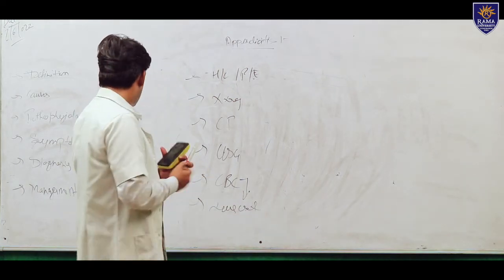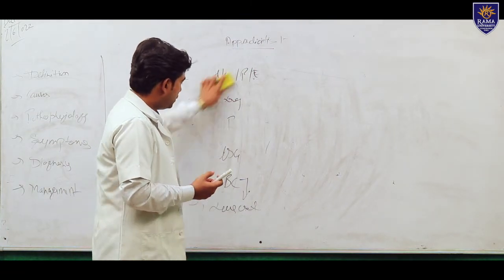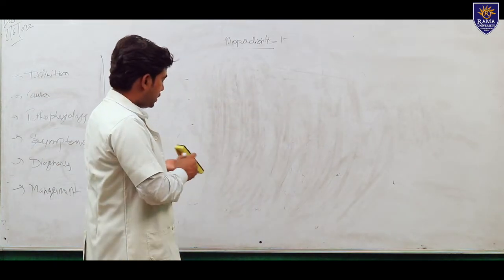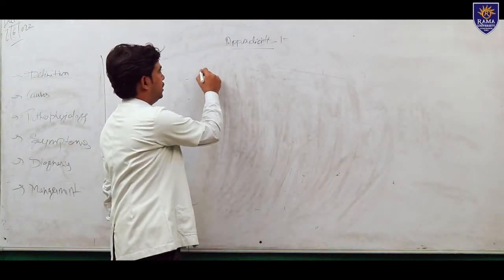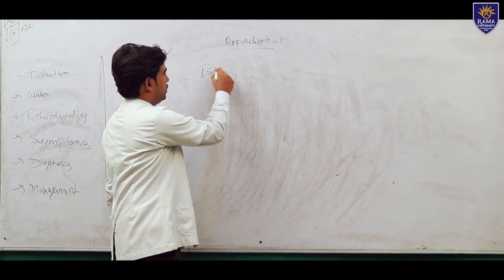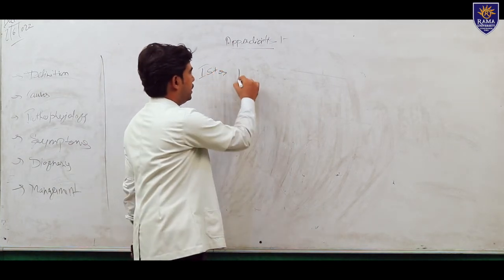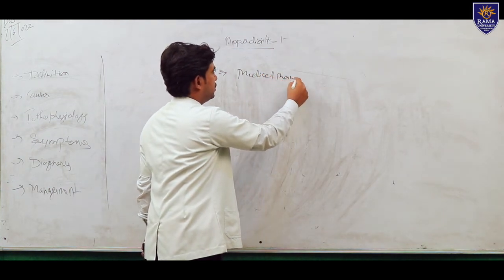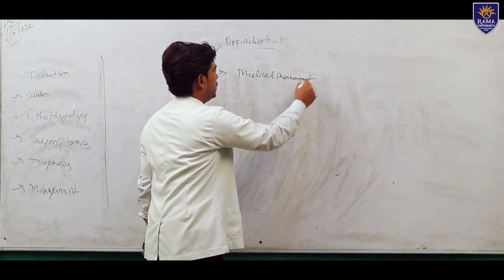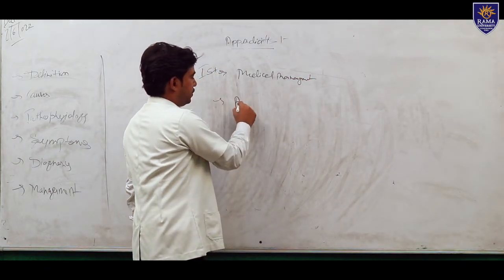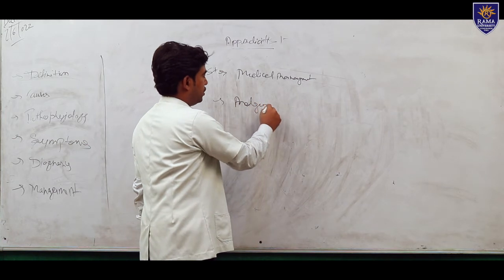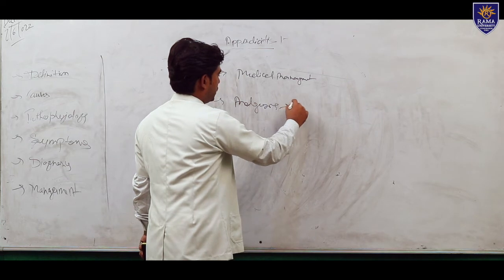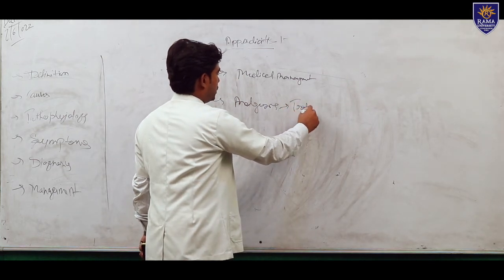And now the management. There are two types of management. First is medical management. In medical management we can give analgesics for reducing the pain, like tramadol and some other drugs.